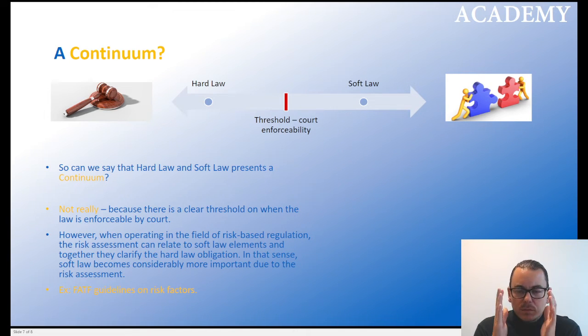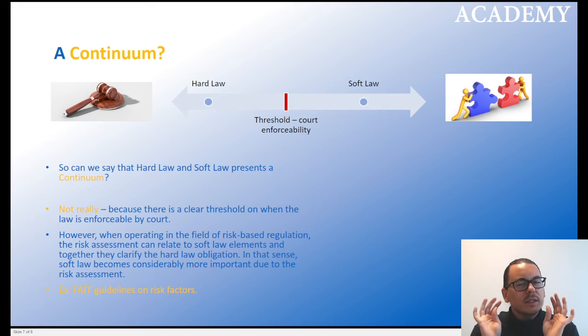So originally I would say not really, but I will point out that risk-based regulation, and regulation now being risk-based, has changed this. It's not a continuum per se, but soft law will have a direct input and effect on hard law.